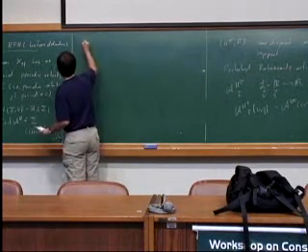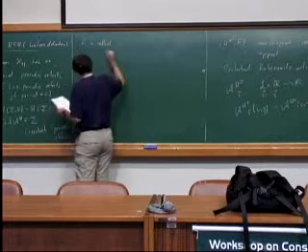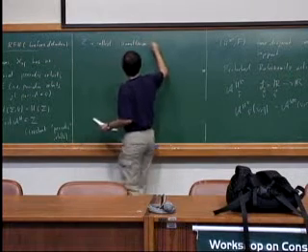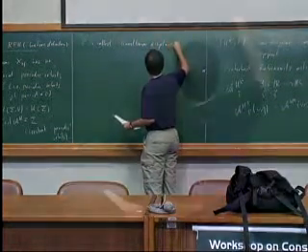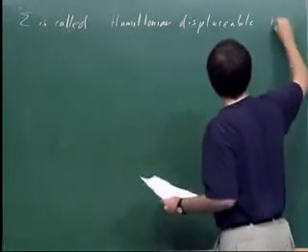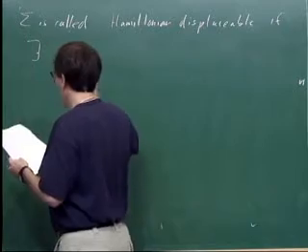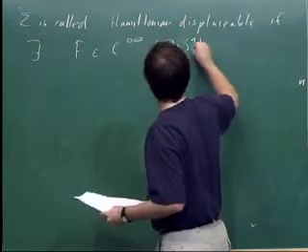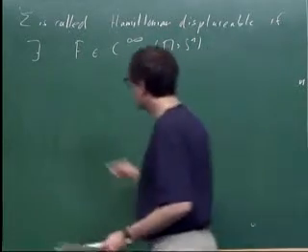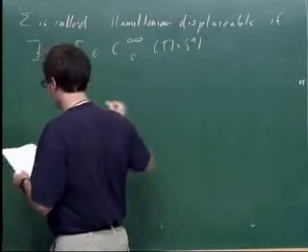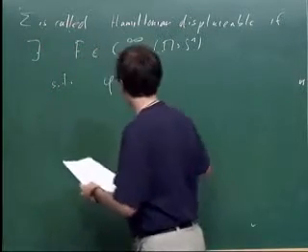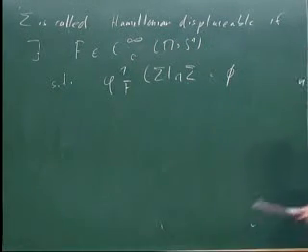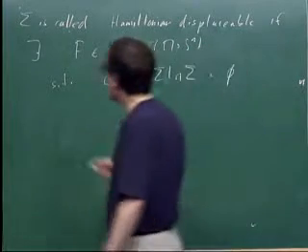Recall that Sigma is called Hamiltonian displaceable if there exists some time-dependent Hamiltonian F of compact support such that the time 1 map of F displaces Sigma from itself.